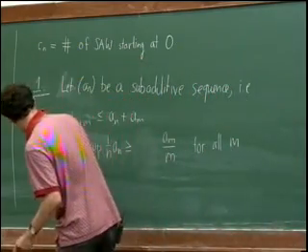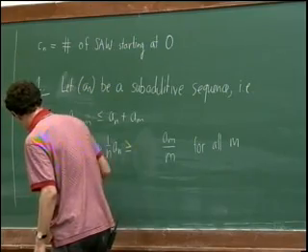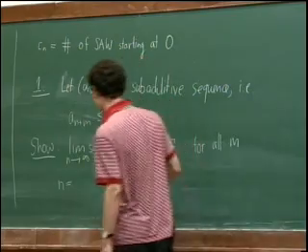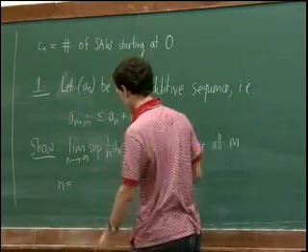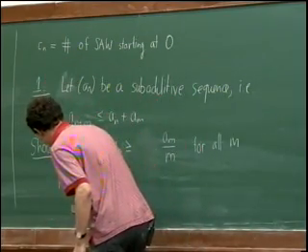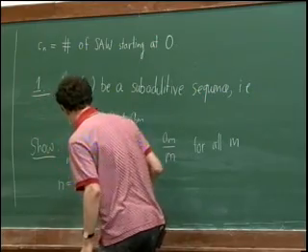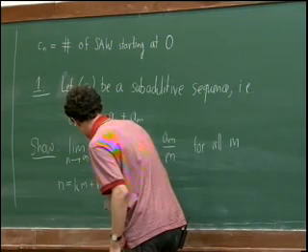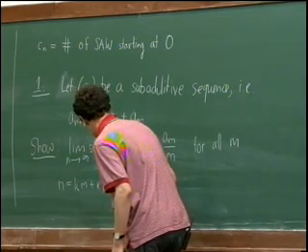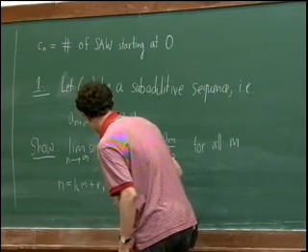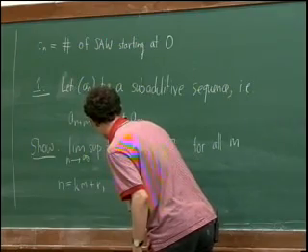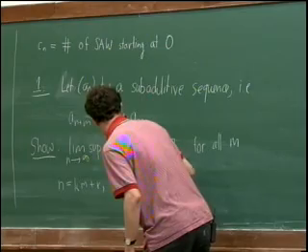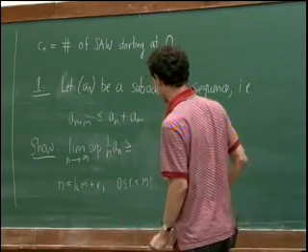And the idea is that we write n as a multiple of m with a remainder. So we fix m, we write n as k times m plus a remainder r.